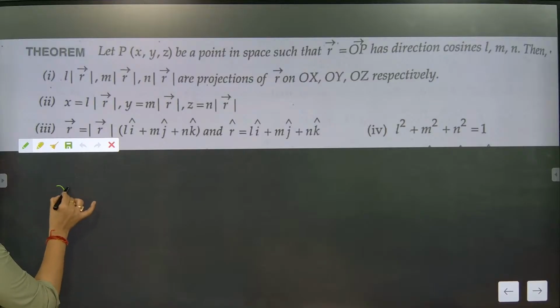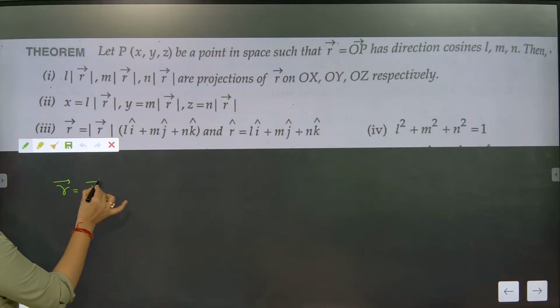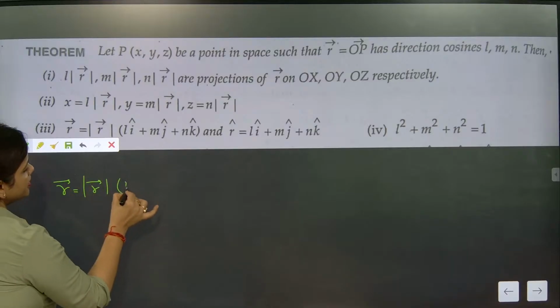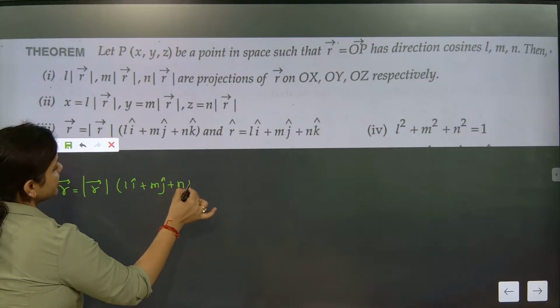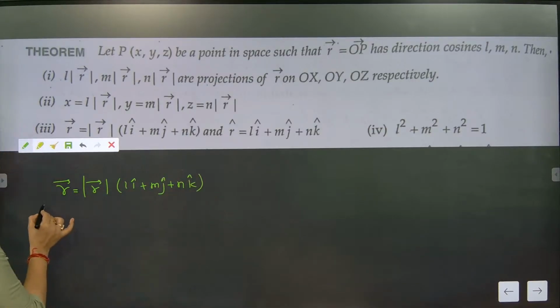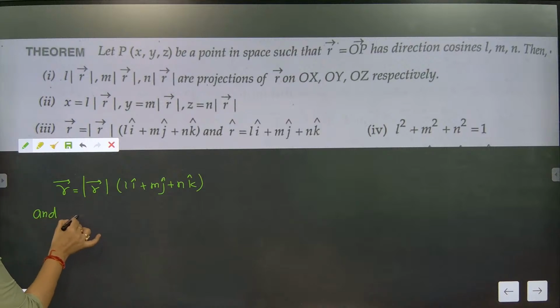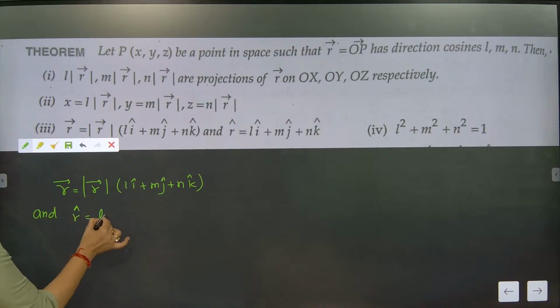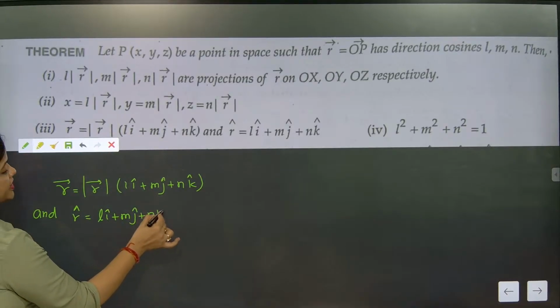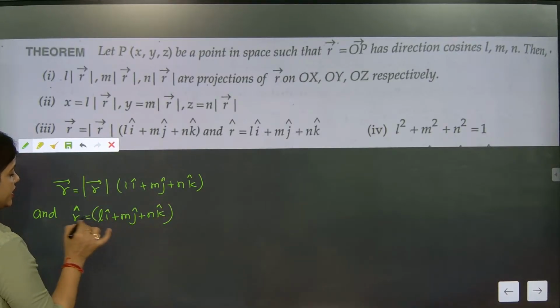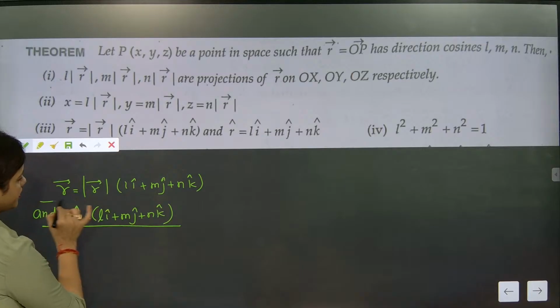This you have to prove: R vector is equal to magnitude of R vector times li cap plus mj cap plus nk cap, and R unit vector is equal to li plus mj plus nk. This is a very big finding.